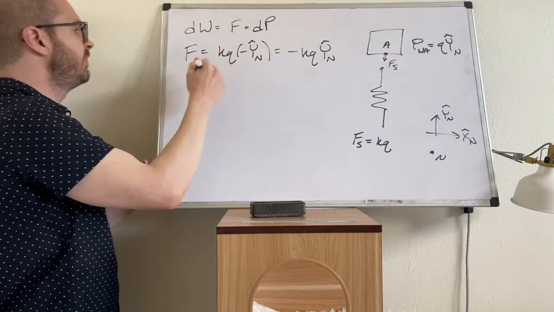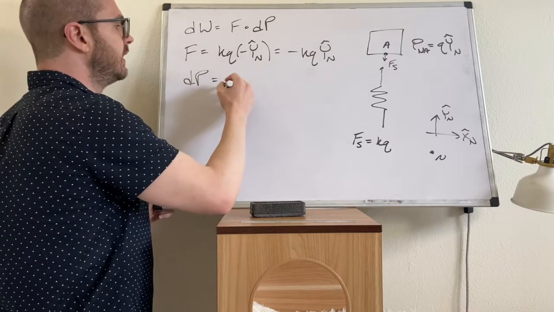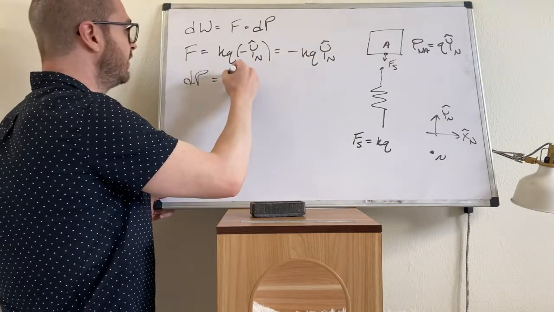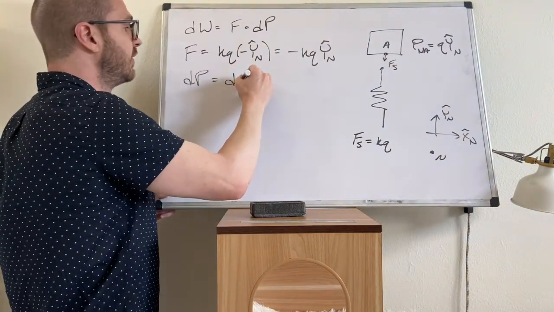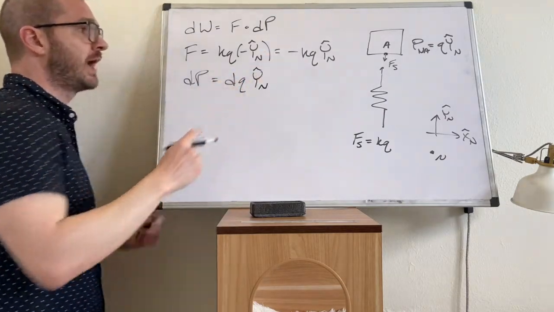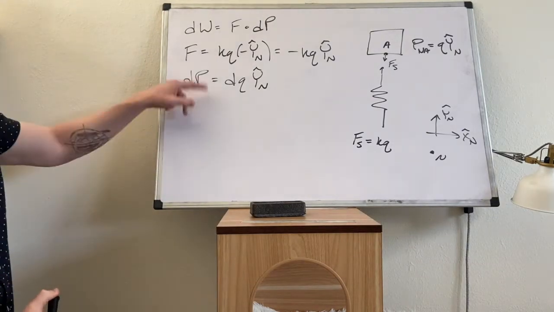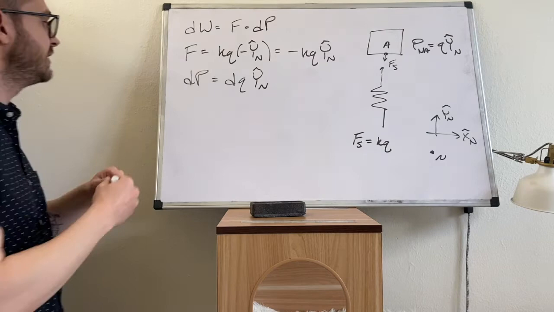Next, we have a position vector. So dP, this is going to equal, you can just distribute the differential, so the dq in the y hat in, and of course y hat in is constant, so we do not have to do product rule. Let's take these and put them into the work equation.